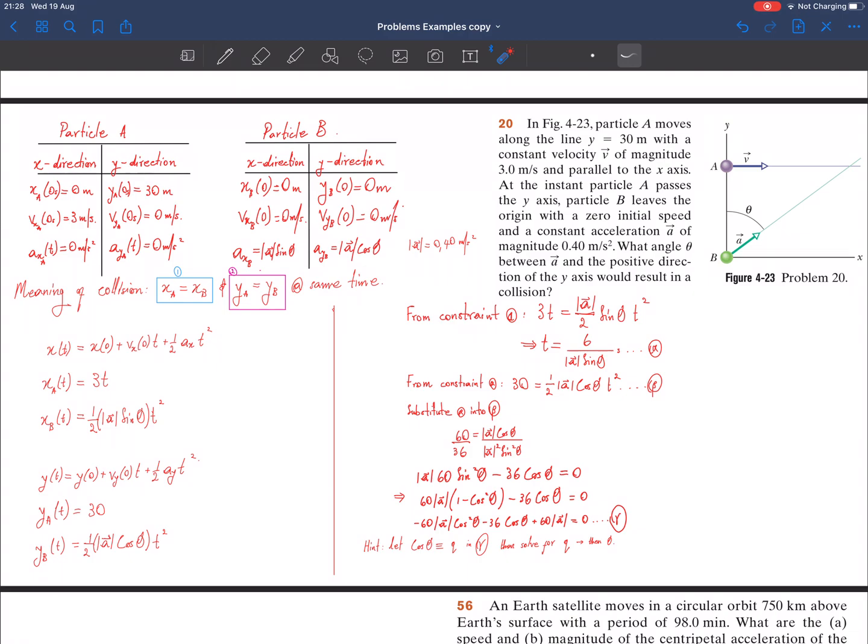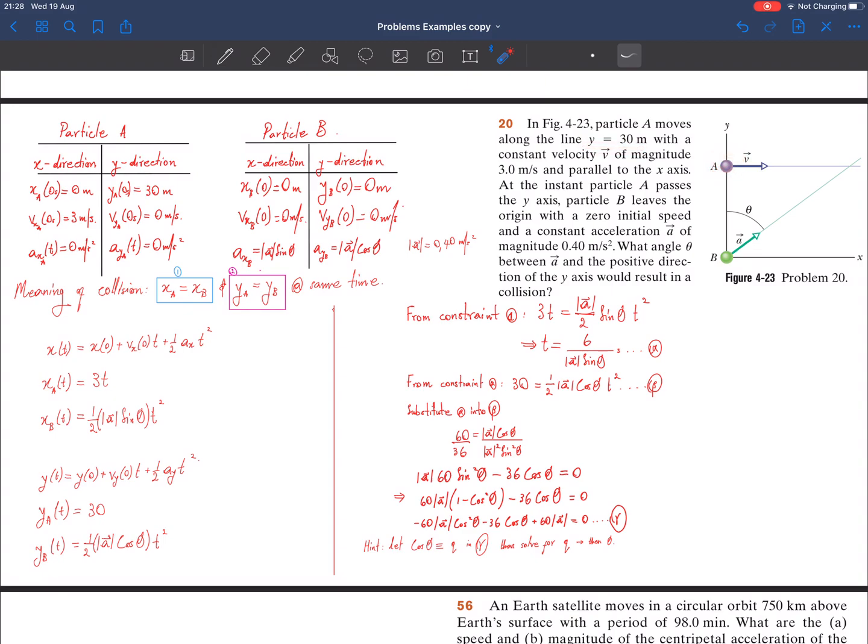initially when we begin to trace this motion, its x-coordinate is 0 meters. That's when we begin to take note of this motion, and its initial y position is 30 meters. That's what we're told over here.